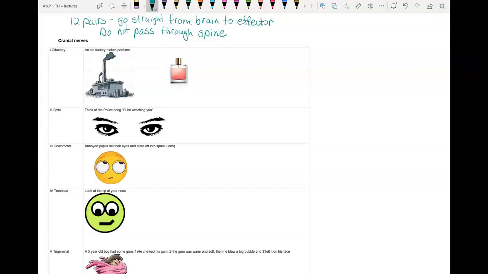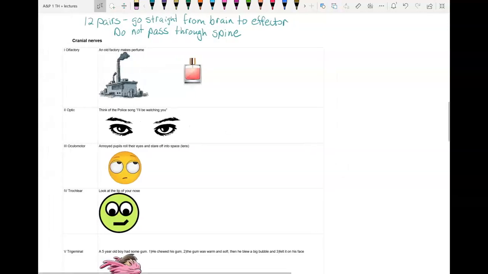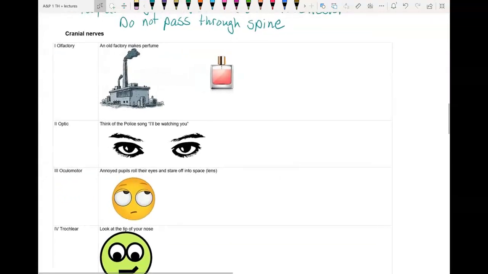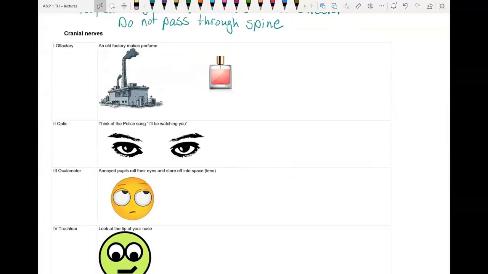So the first one is number 1, which is the olfactory. So I have little clues here to go with it. So I have an olfactory to help you remember the name olfactory. And there is some perfume here. You smell perfume.